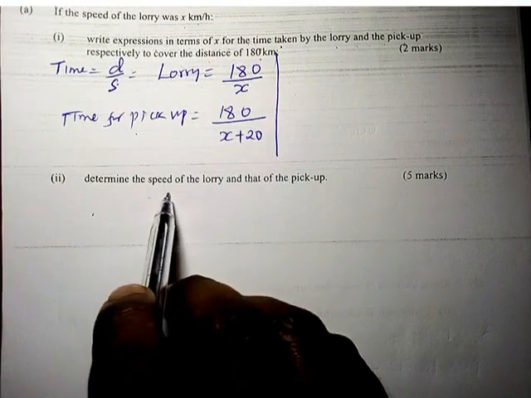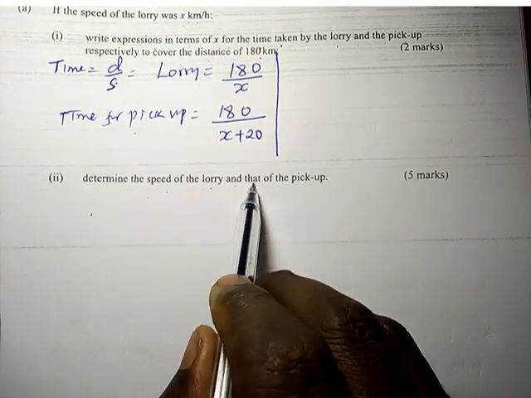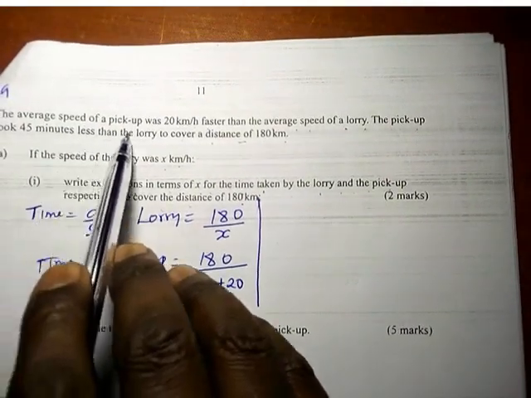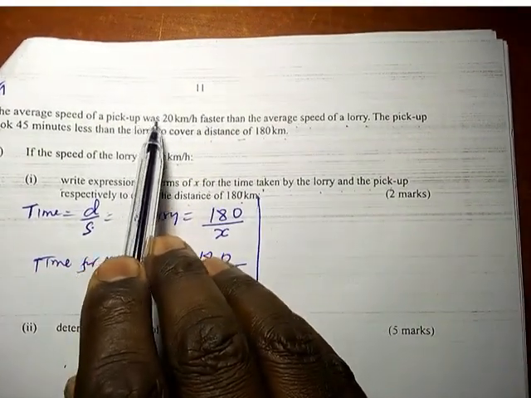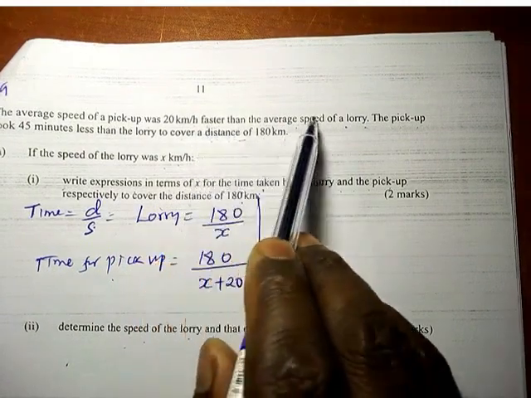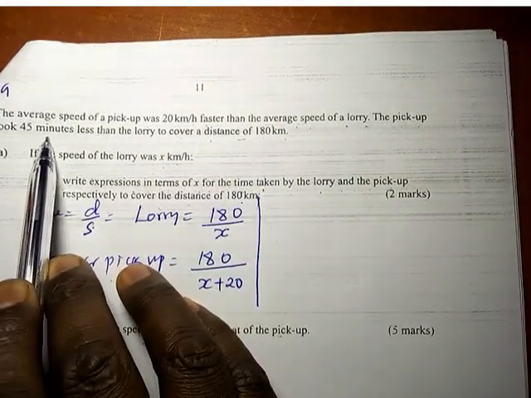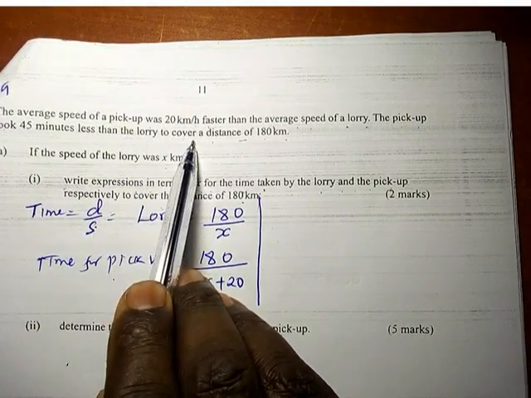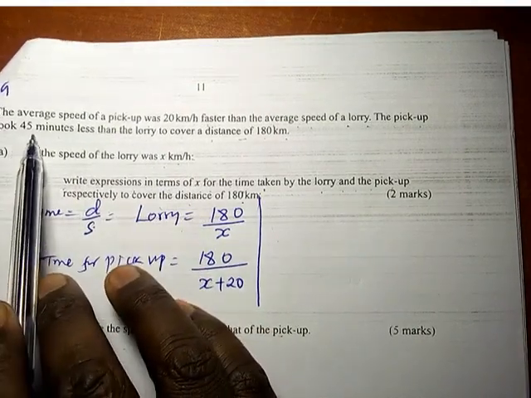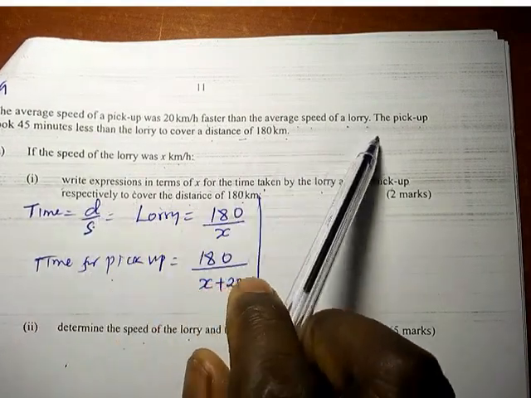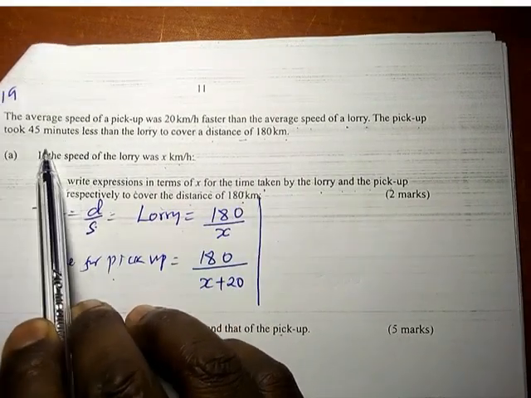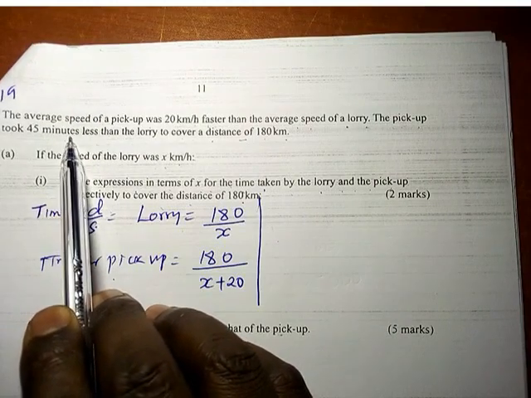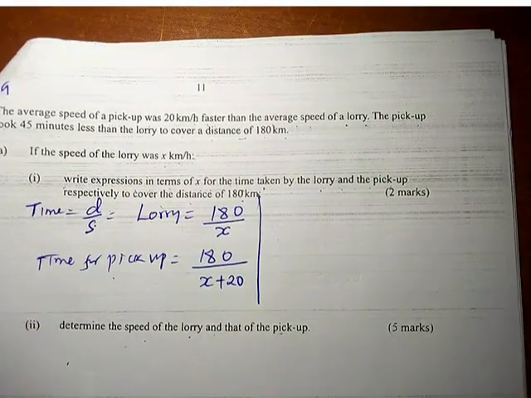Determine the speed of the lorry and that of the pickup. We were told that the speed of the pickup was 20 kilometers faster, and the pickup took 45 minutes less. So the lorry took more time, which was 45 minutes more. That's why the pickup took 45 minutes less, meaning the time for the lorry minus the time for the pickup is going to be 45 minutes.